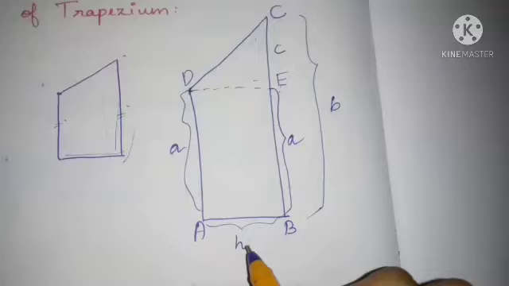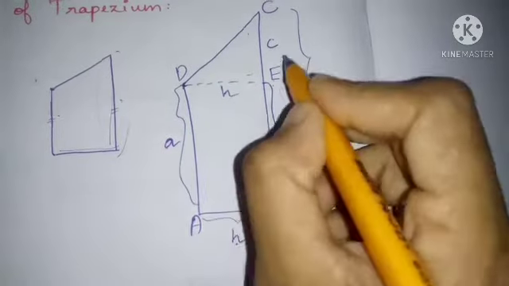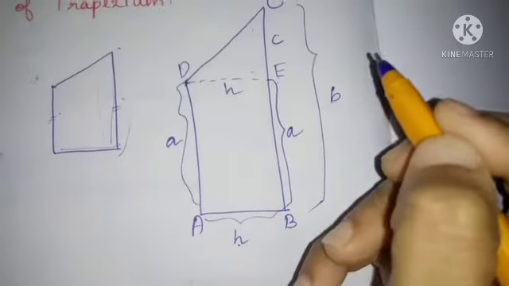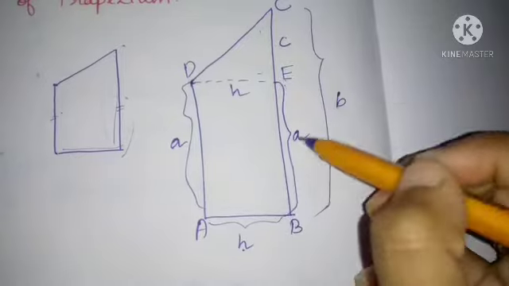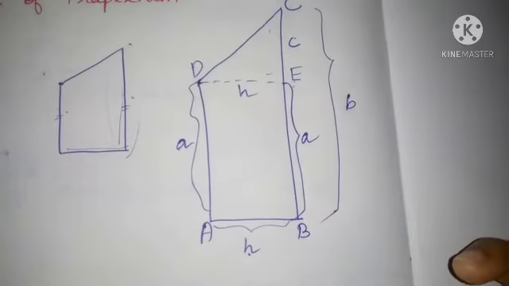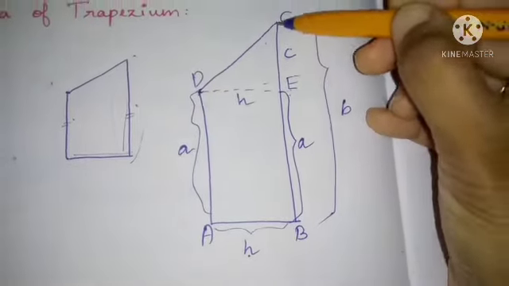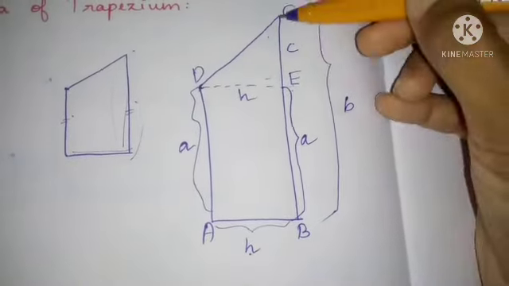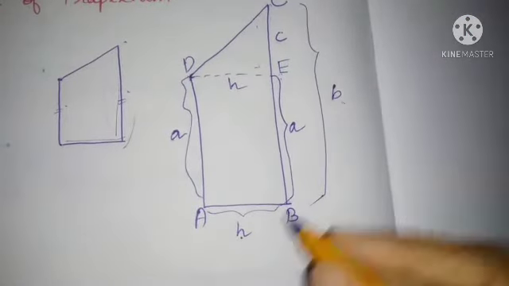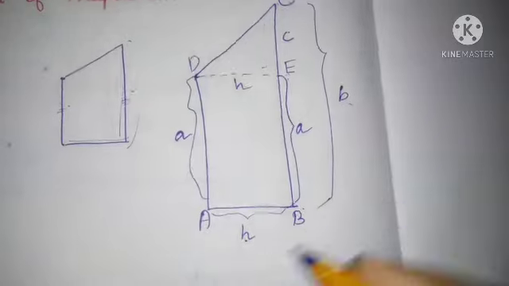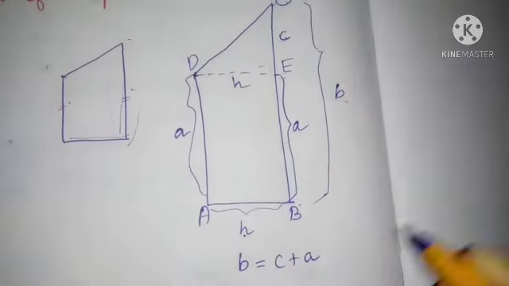Okay, so if this is H, this dotted line which we have drawn extra will also be H. Then I am going to take this as A. So this length is also A. I am going to take it as C. Then from this to this full length I am going to take it as B. So since from this to this is B, B length is nothing but C plus A. Correct?